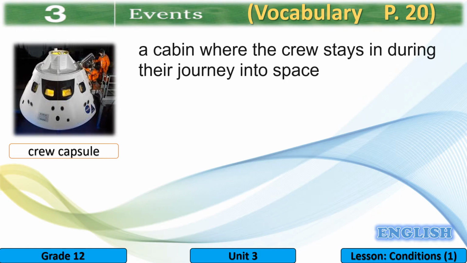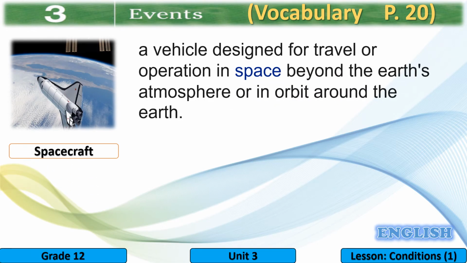Crew capsule is a cabin where the crew stays in during their journey into space. Spacecraft is a vehicle designed for travel or operation in space beyond the Earth's atmosphere or in orbit around the Earth.